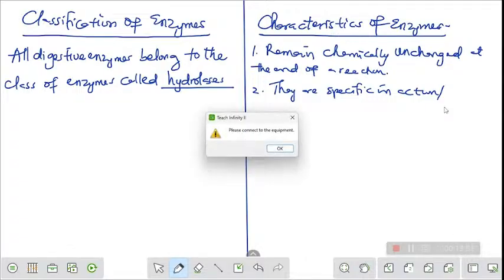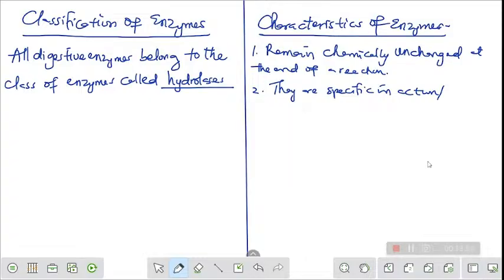For example, there are some padlocks, there's only one key that can open them. I hope you understand. So that's just the rule. So enzymes will act on specific substrates.